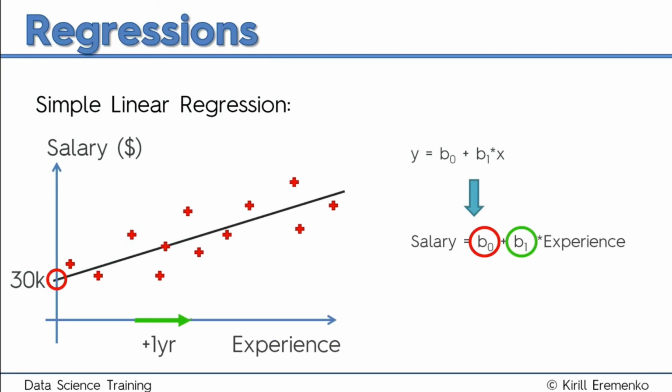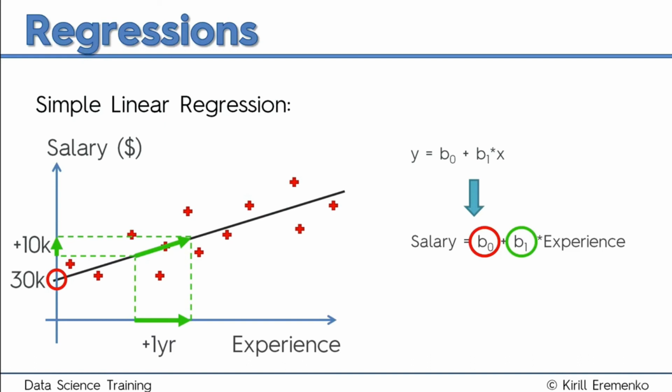To understand how his salary will increase, you project this onto the line and then project that onto the salary axis. You can see that for 1 year of experience, the person will get an extra $10,000 on top of his salary. If the coefficient B1 is less, then the slope will be less, and that means the salary increase will be less per every year of experience.